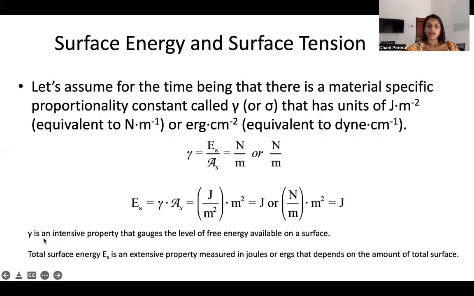This gamma is an intensive property, and it measures the level of free energy available on that surface. So usually this gamma value is given if you're going to do a calculation. The specific gamma values are given for that specific material. And the total surface energy, E_S, is an extensive property, and it is measured in joules or ergs, and also depends on the total surface area.